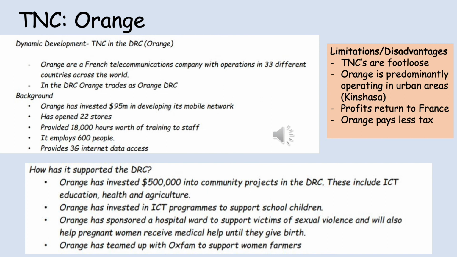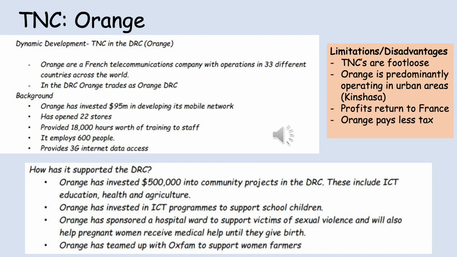What has been successful? Well, alongside opening up these branches, they've invested 500,000 into community projects. So they have been doing things like providing ICT education, health and agricultural training to local people.